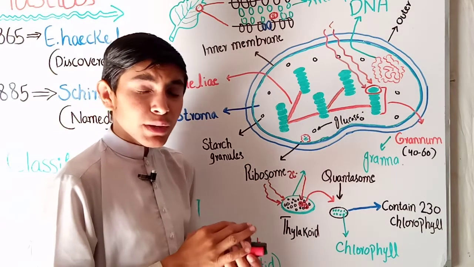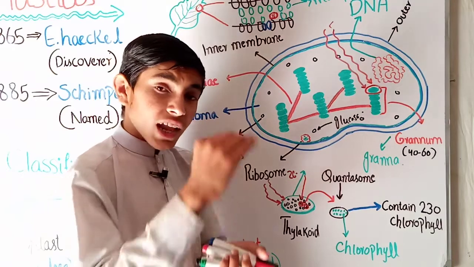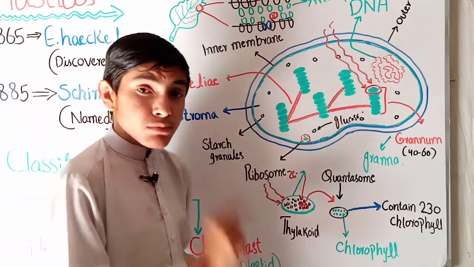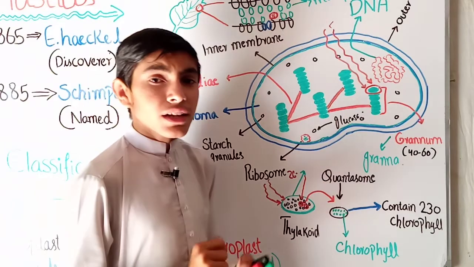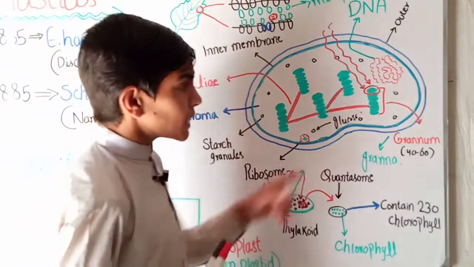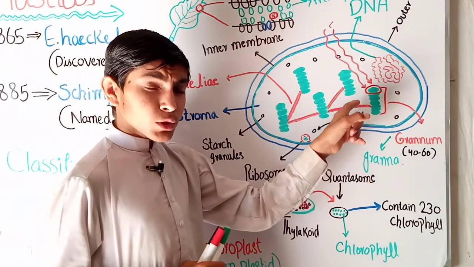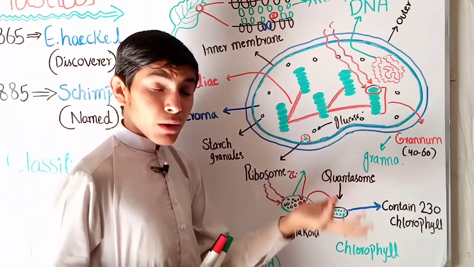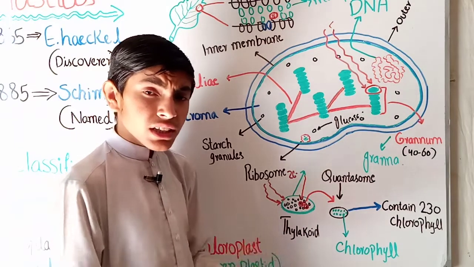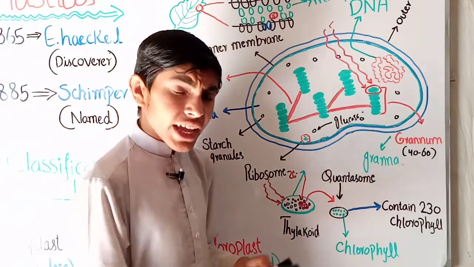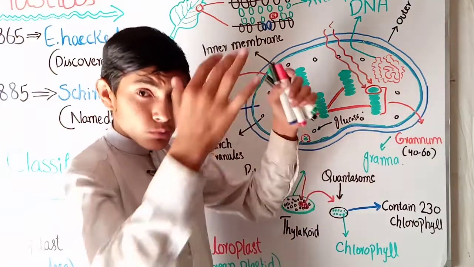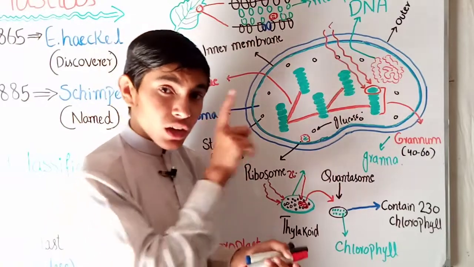Catabolic is a process in which large and complex food molecules are broken down into smaller and simple foods. But the DNA of the chloroplast is used for what? Anabolic, meaning for synthesizing, for combining smaller inorganic molecules and forming a huge amount of glucose, which is organic.